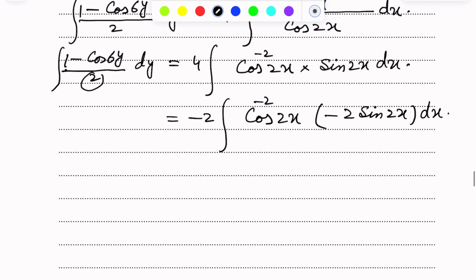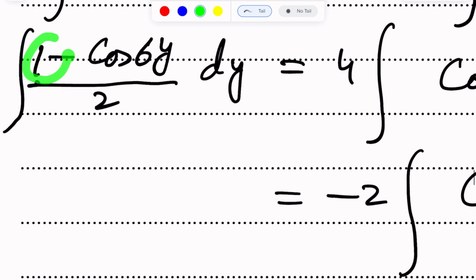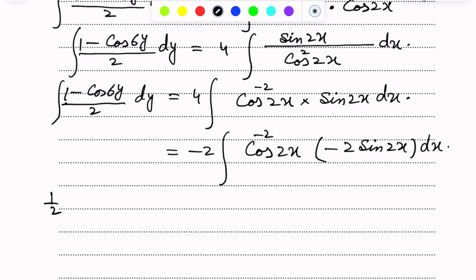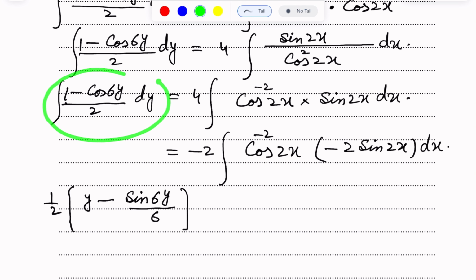One over two we are taking outside the integral sign. 1 over 2 integration of 1 minus cos 6y will be integration of 1 is y with respect to y, cos 6y will be sine 6y over 6. This is the integration of the left hand side.